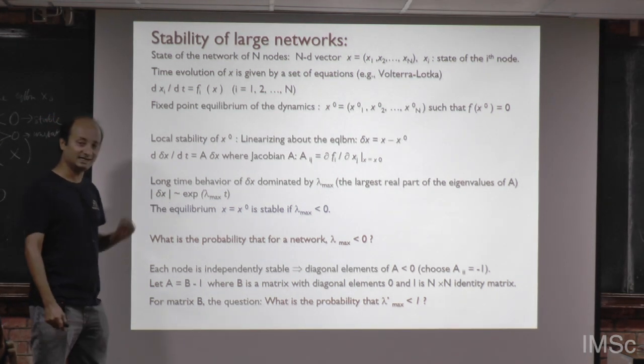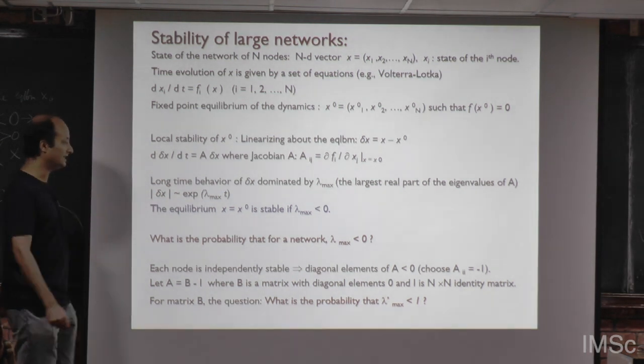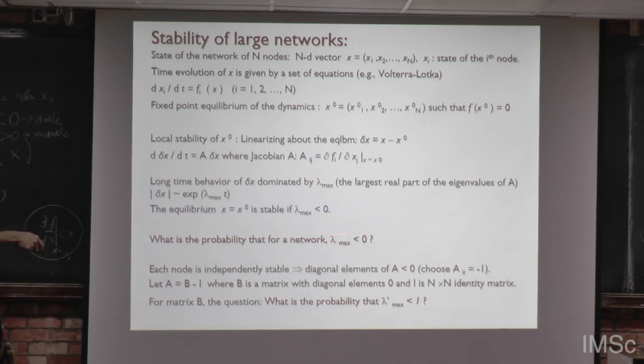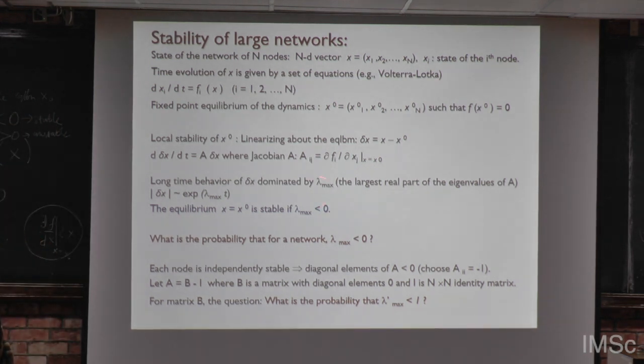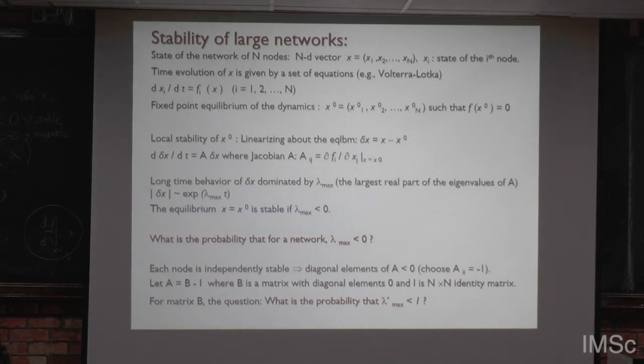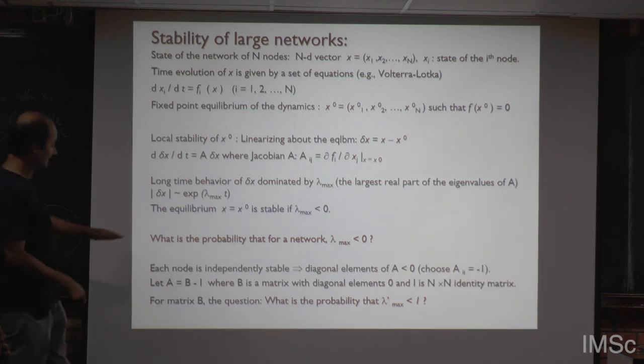If it is negative, the perturbation will decay exponentially. Therefore, the condition that the equilibrium is stable is simply that the largest eigenvalue is negative. Now, when you are dealing with general systems, the question you ask is, what is the probability that for any given network this largest eigenvalue is negative?